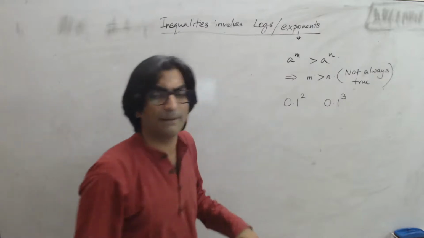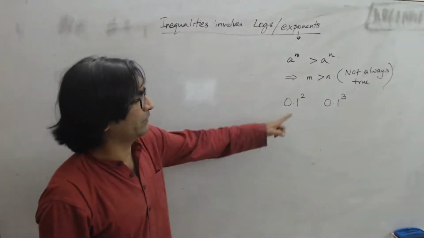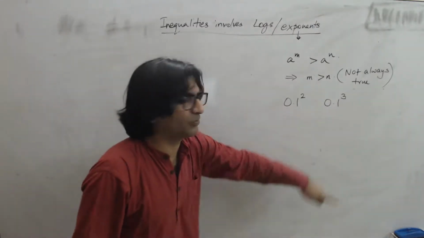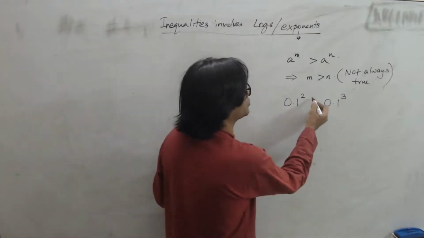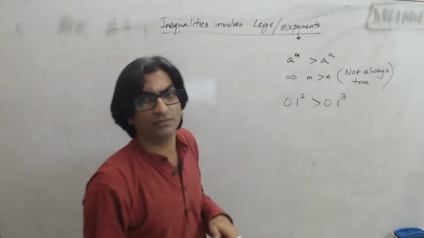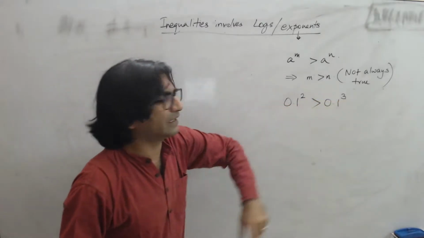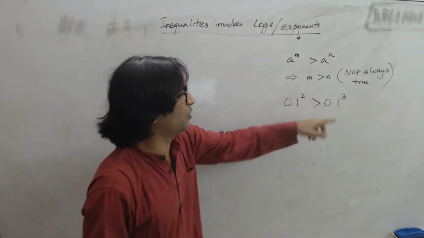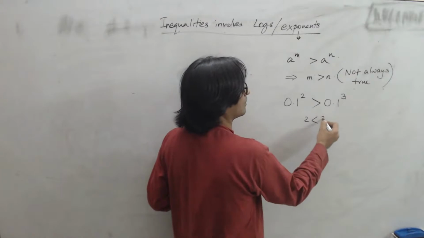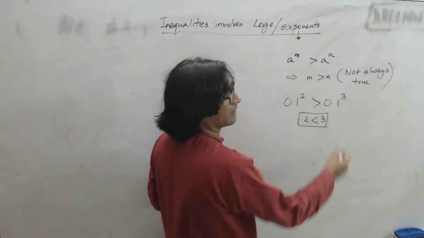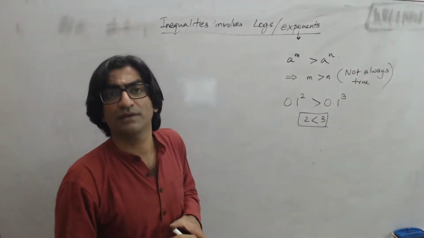Which is bigger? What is 0.1 square? 0.01. What is 0.1 cube? 0.001. Obviously 0.1 square is bigger than 0.1 cube. But is the power greater than the power on the right hand side? No, the power is actually smaller. Opposite of the previous value.